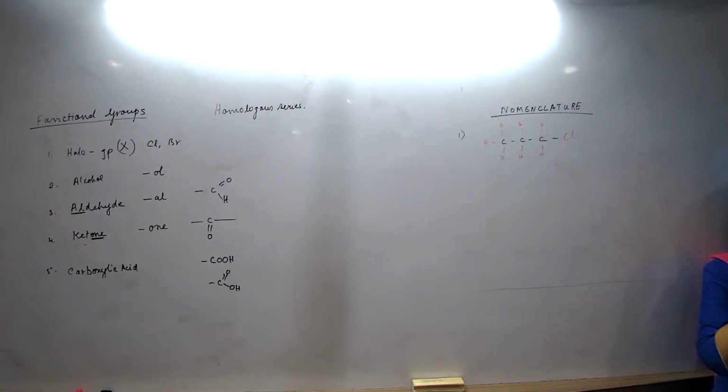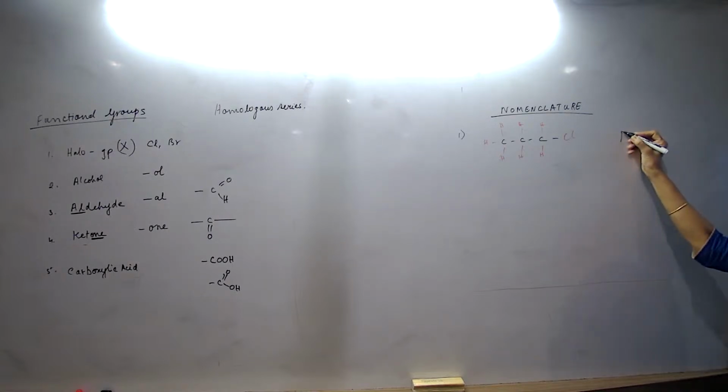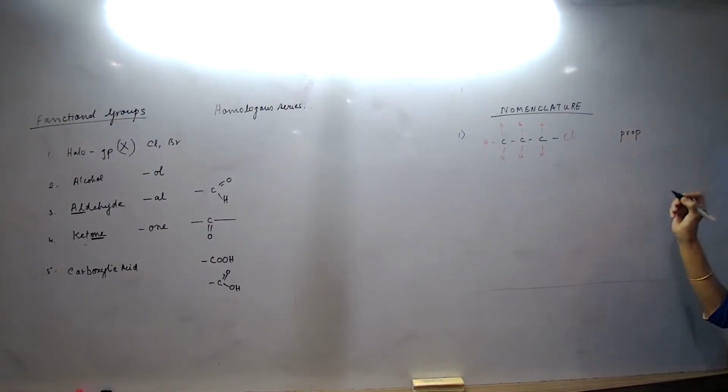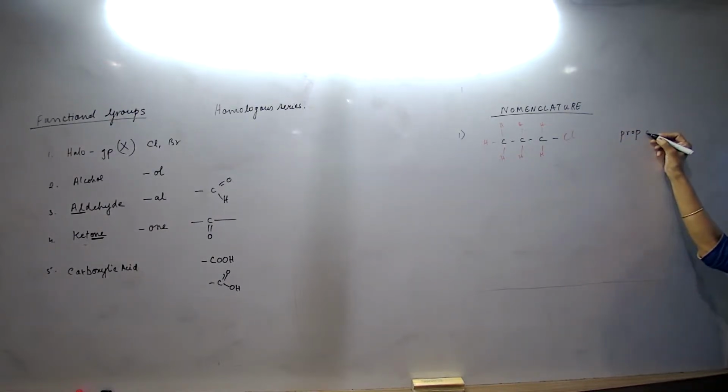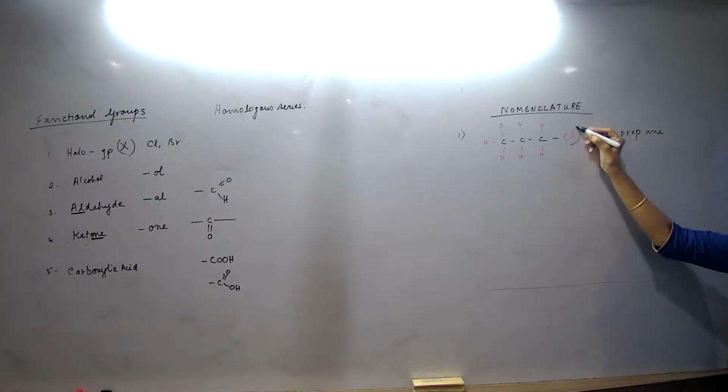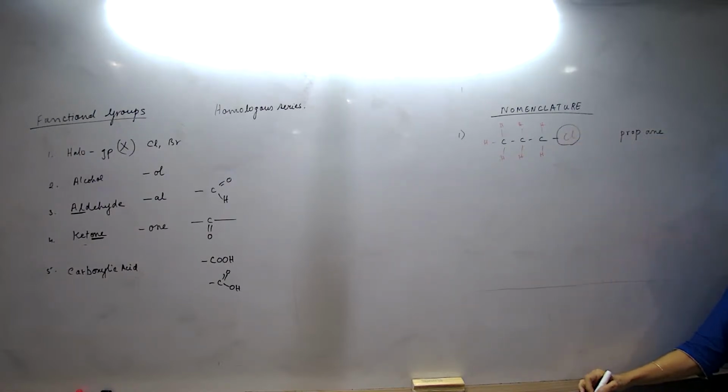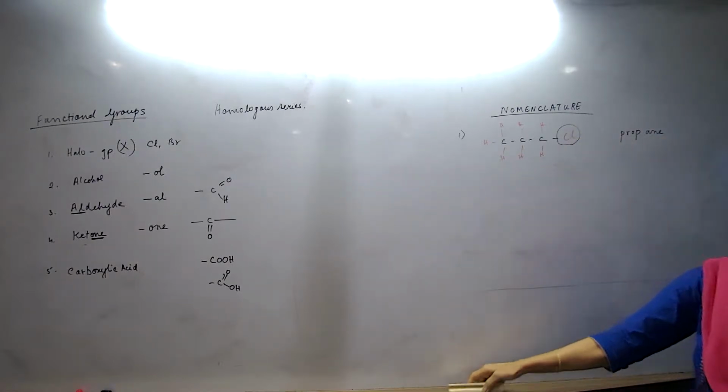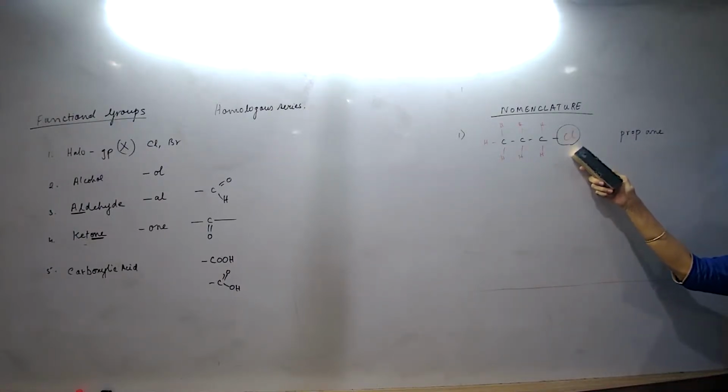First, we are going to see how many carbons. How many carbons? 3. 3 will be what? Propane. It's going to be prop. So we'll write it as prop. Okay, propane, right? But what is here? Chlorine. So that means one hydrogen has been substituted by a chlorine group.